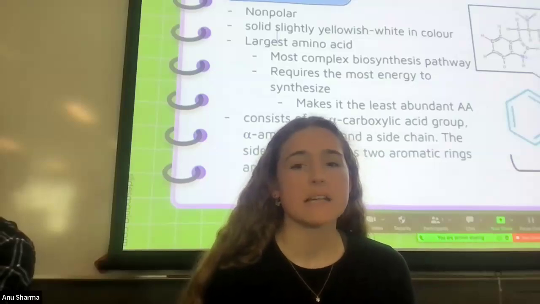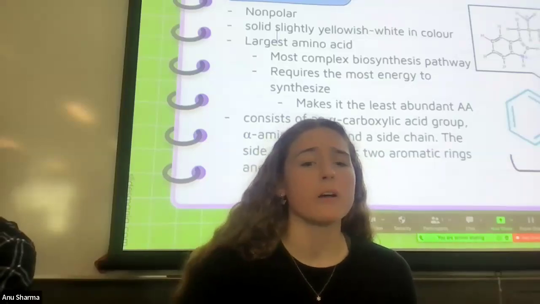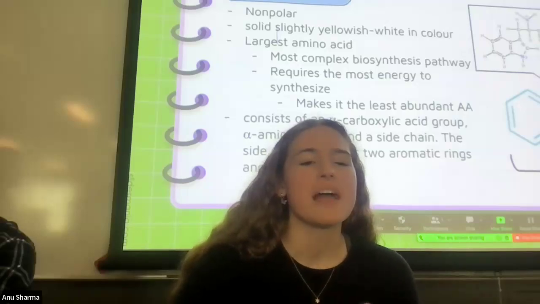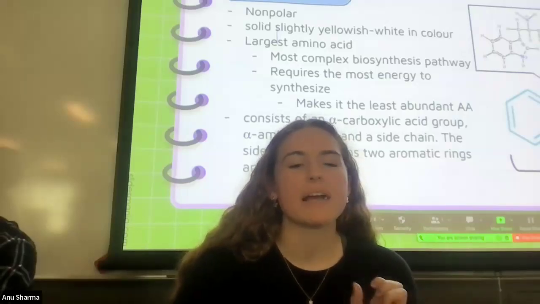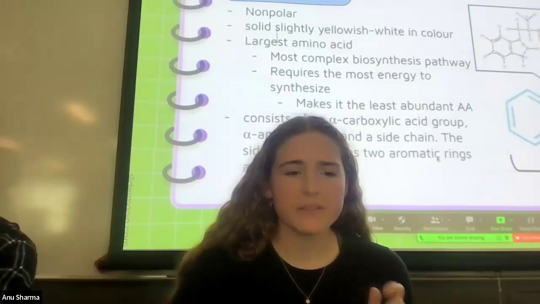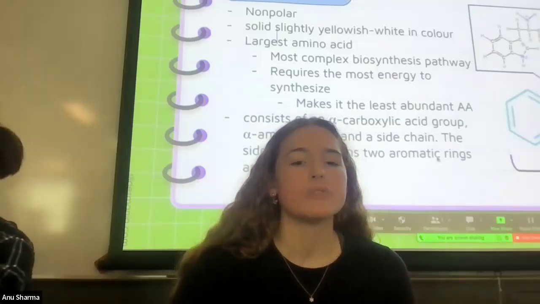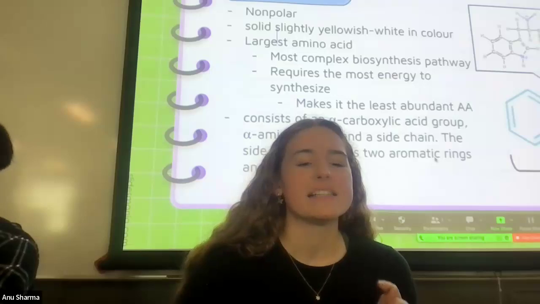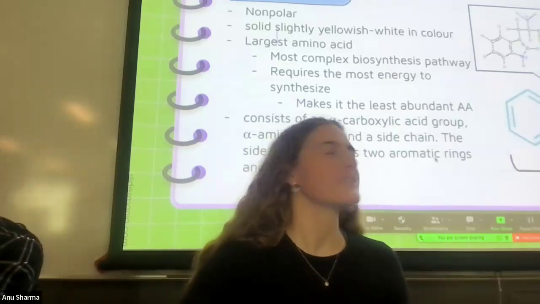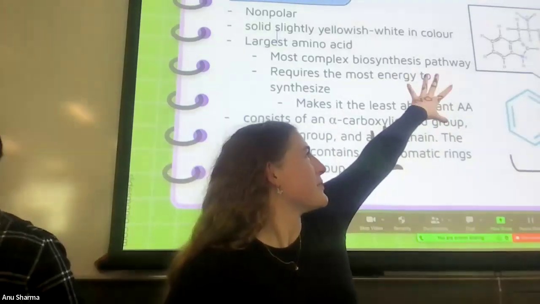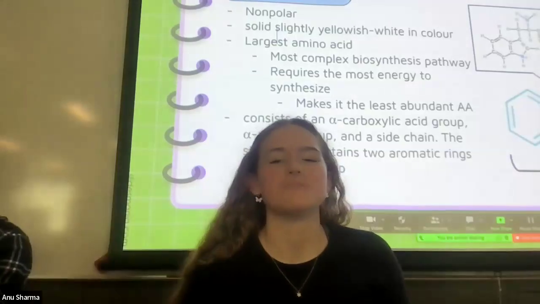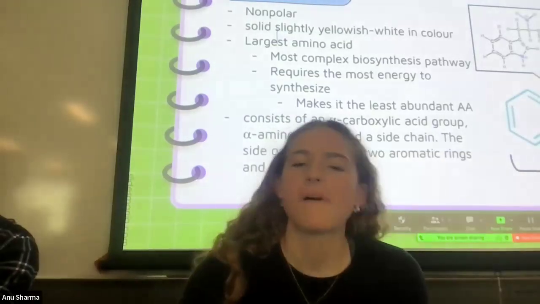And it consists of a carboxylic acid group, an amino group, and a side chain. And the side chain contains 2 aromatic rings and an NH group, which you can see in the bigger, more expanded Lewis structure right there.